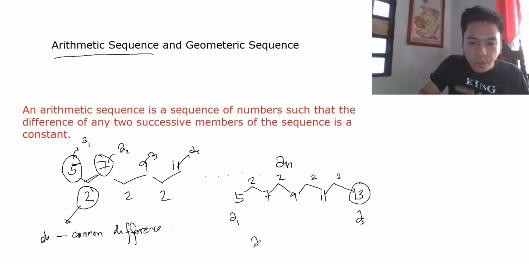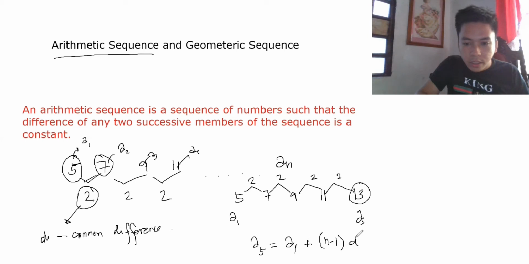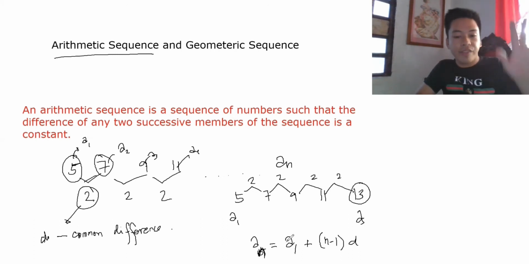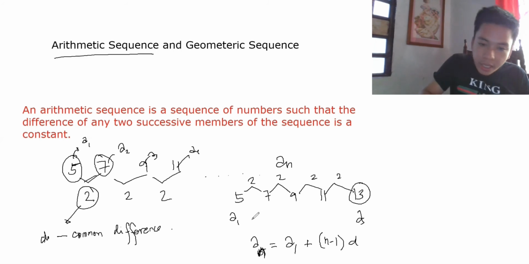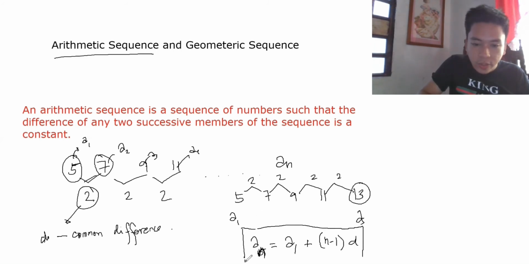So to look for the 5th term, you need the first term plus 4d, which means n minus 1 times d. In general, a sub n is equal to a1 plus n minus 1 times d. This is the formula for getting the nth term of the arithmetic sequence.